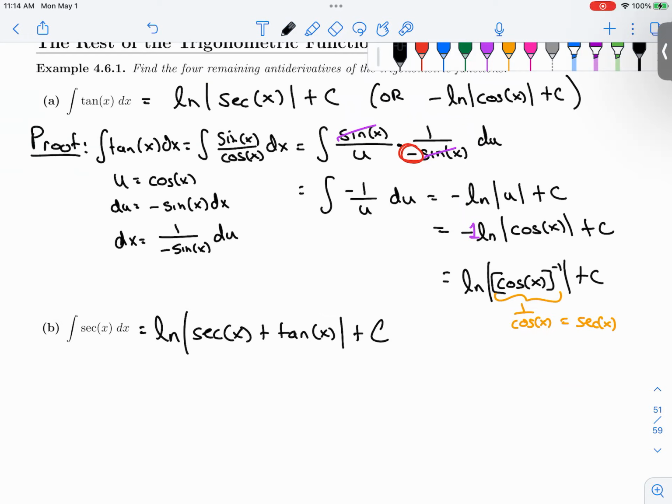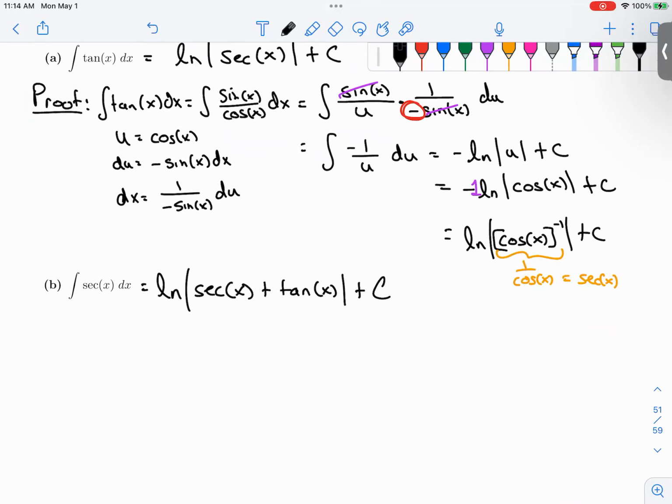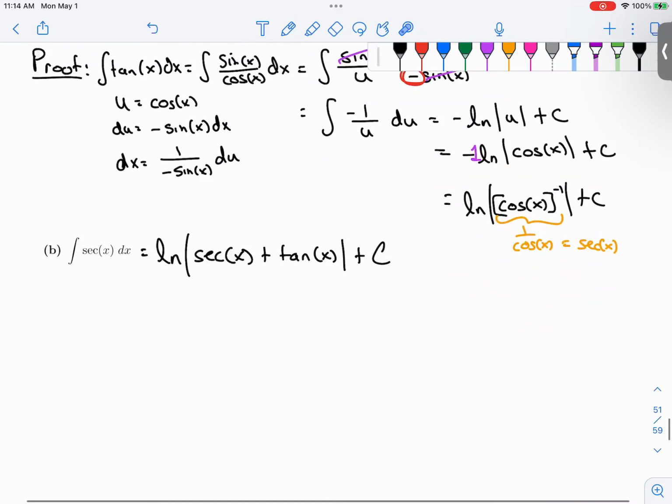And if you want to know the reason for it, it's probably one of the most ass-backwards discoveries I've ever seen. I think what happened is someone took the derivative of this and noticed that they got secant theta, and then they were like, okay, that's the formula then. They took the derivative of this function to find the antiderivative by accident.